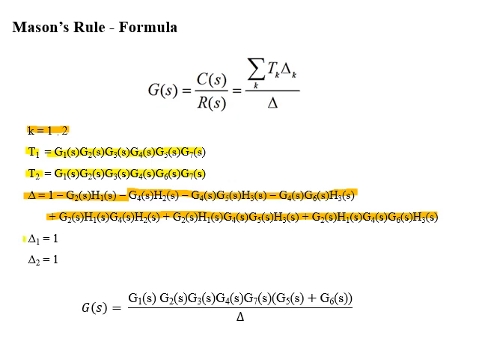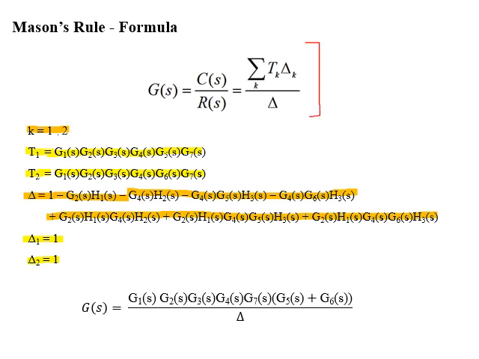Now for each forward path we have delta 1 and delta 2. Both are equal to 1 because delta k is equal to delta minus sum of loop gain terms in delta that touch the kth forward path.